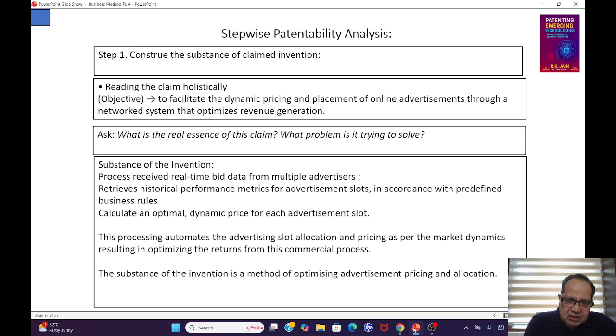If the bids are higher, then as per the business rules, it will dynamically allocate the higher bids to the specific advertisement slots. So this processing automates the advertising slot allocation and pricing as per the market dynamics, resulting in maximizing your revenue. So the substance of the invention is a method of optimizing advertising pricing and allocation.